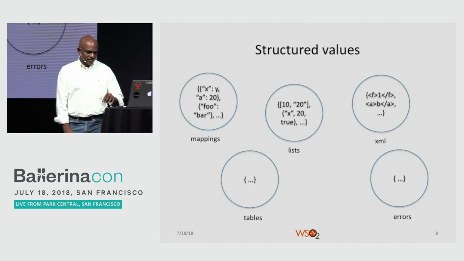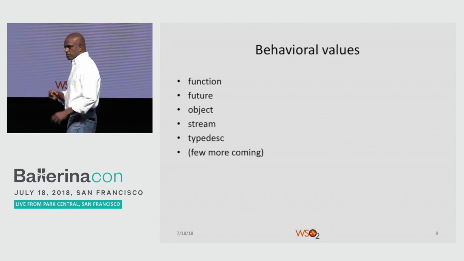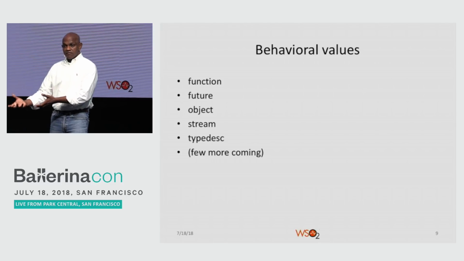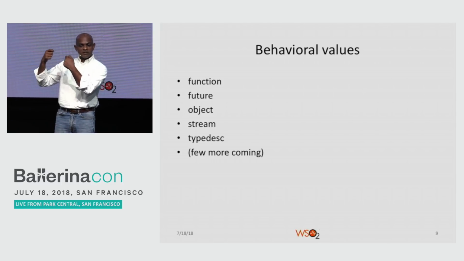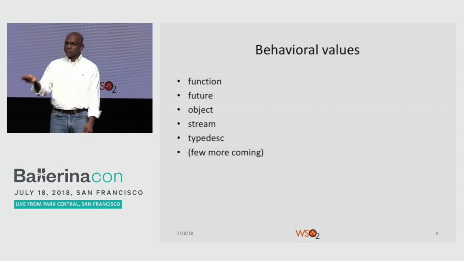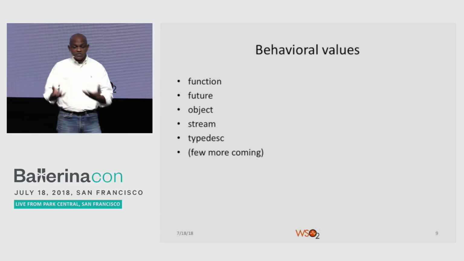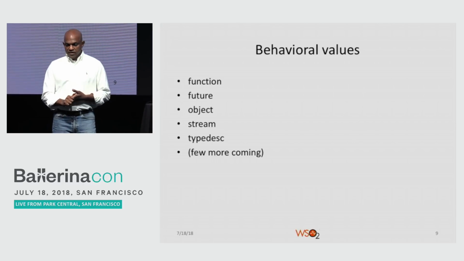I didn't write a sample in here. So behavioral values are things that represent particular behaviors. A function value is an actual function. It's not an invocation. It's not a representation of the code. It is the value of the function that you can pass around and so forth. So functions are first class in Ballerina, so you can do full functional programming in Ballerina.